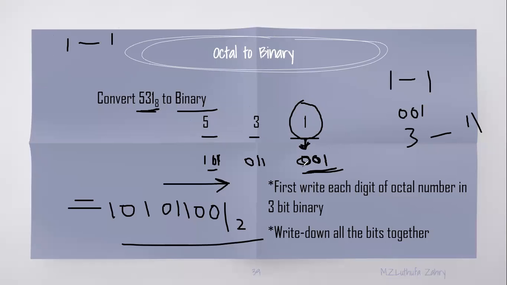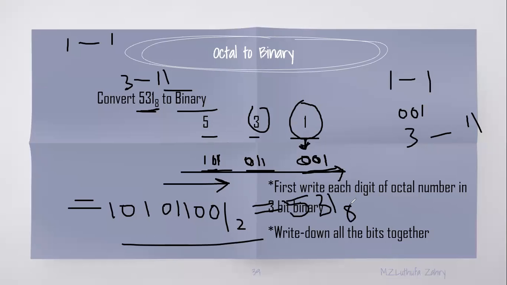For 3, the number is 11 in binary, so add a 0 to make it a 3-digit format. 5 is already 101, so we needn't add any zeros. From left to right, combine it together and write 101 011 001. That is equal to the octal number 531 base 8.